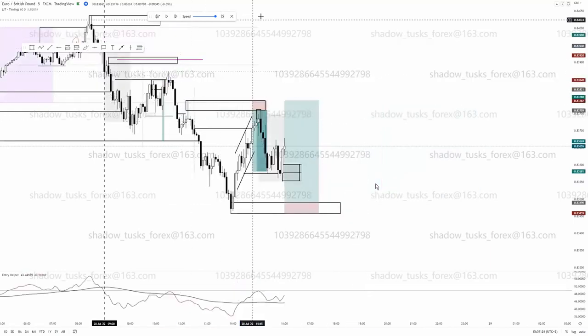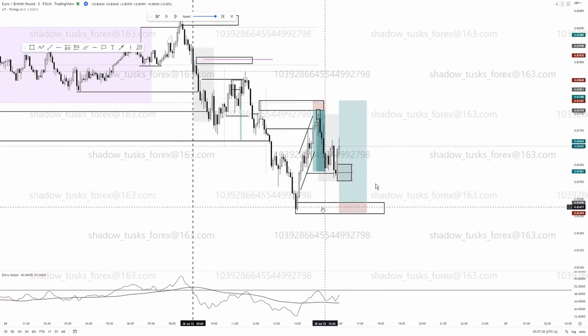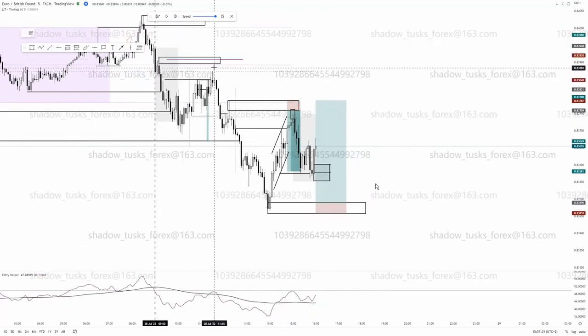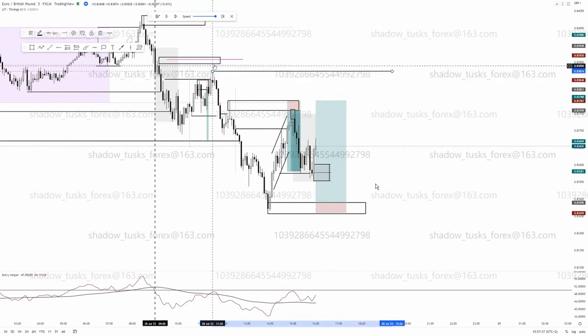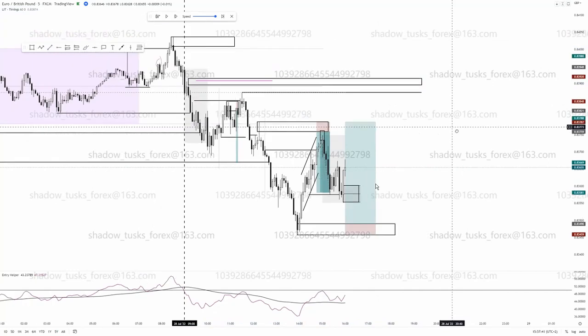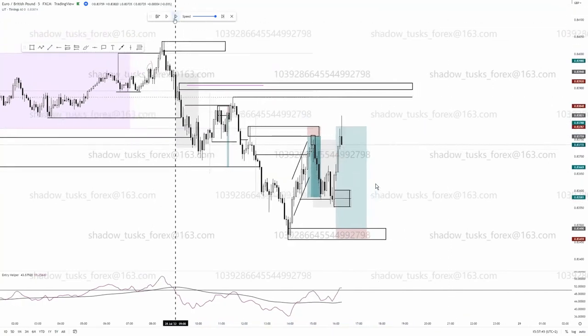Okay? So, again, this zone is invalid. Why? Because now we've had a significant inducement low. So this is going to become liquidity. We could still potentially look at the midline zone. But again, let's keep going.